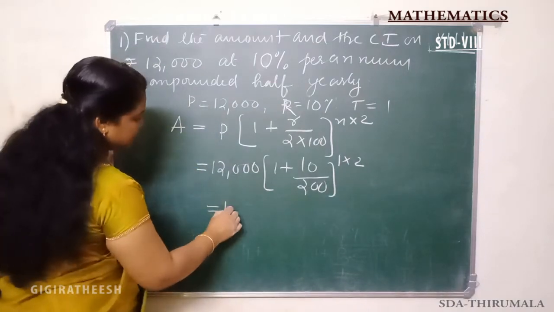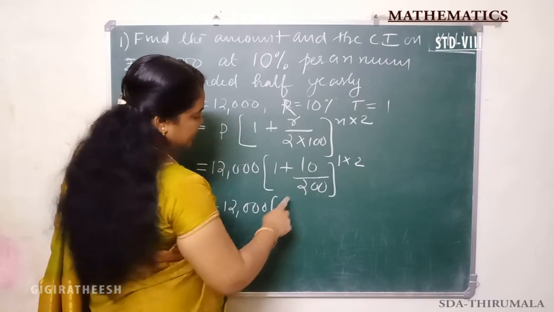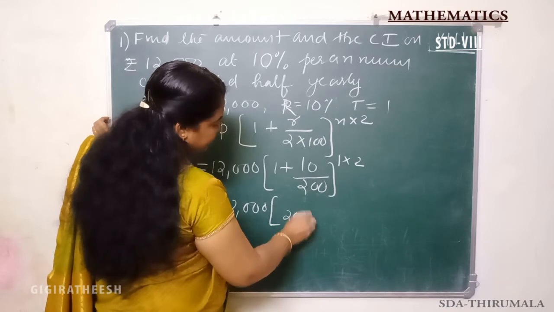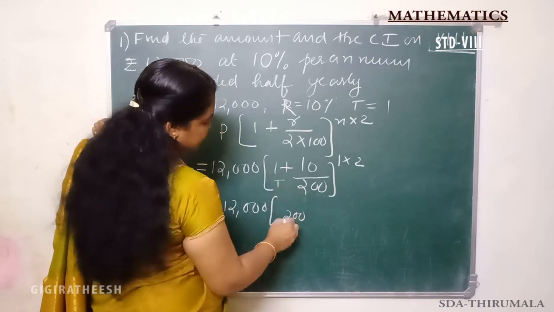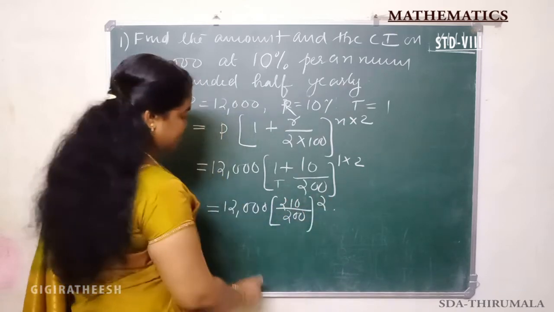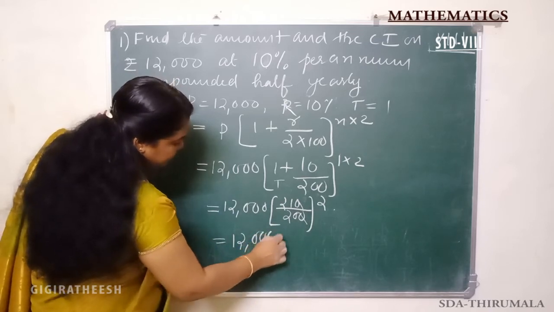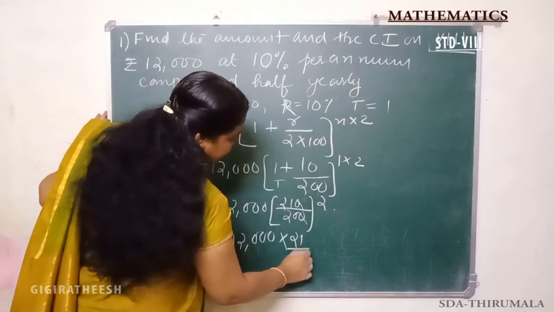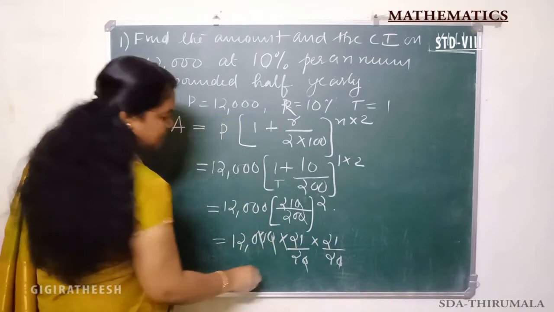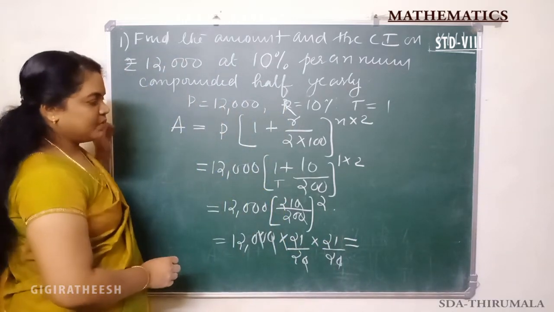Taking the LCM, 200, we get 200 plus 10, that is 210 by 200, raised to 2. Cancelling, we get 12,000 into 21 by 20 into 21 by 20. Cancelling the zeros, we get 120 into 21 into 21.